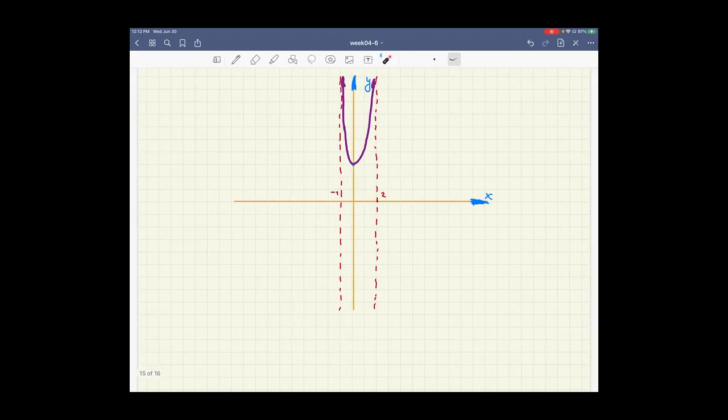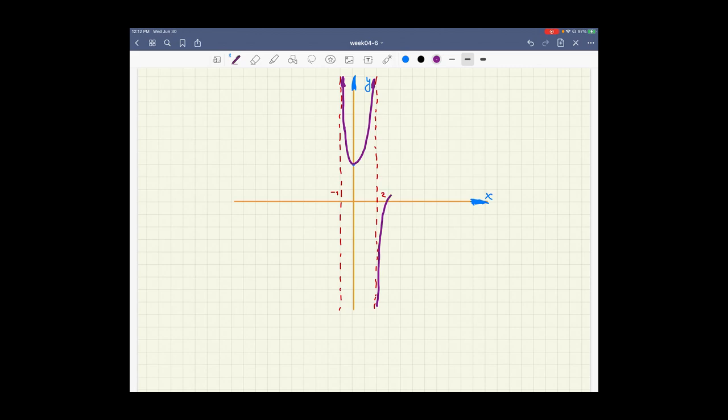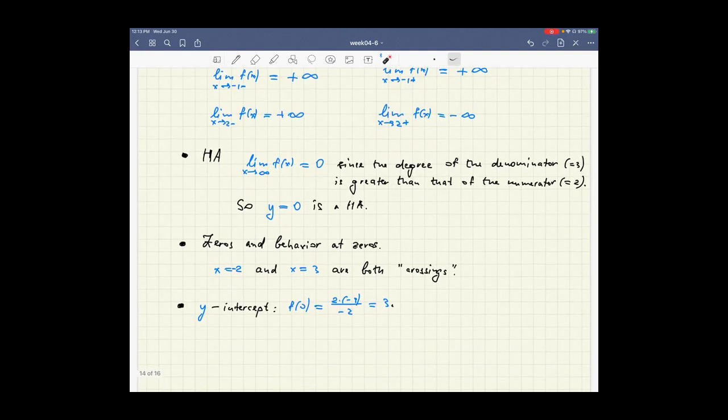So this information tells us that the graph will look like this. To the right of 2, negative infinity, crossing at 3, and asymptote at y equals 0. Now to the left of -1, we have positive infinity, we have a crossing at -2, and we have asymptote at 0.